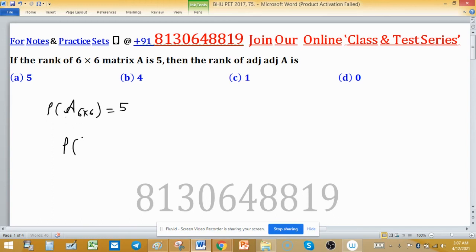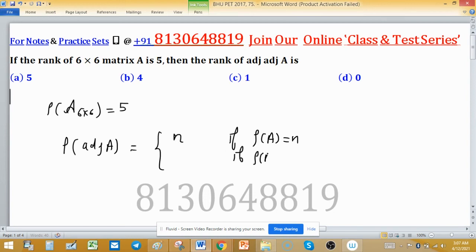The rank of adjoint A can be easily found if we know this result: if rank of A is n, then rank of adjoint A is n. If rank of A is n minus 1, then rank of adjoint A is 1, and if rank of A is less than or equal to n minus 2, then rank of adjoint A is 0.